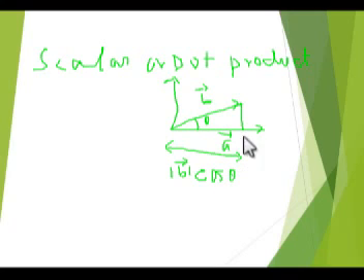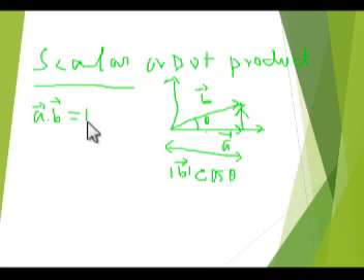And if we multiply these two, B cos theta and the magnitude of vector A, then we will get the scalar product or dot product of two vectors. The scalar product or dot product is written in this way: vector A dot vector B. This is the modulus of vector A and the modulus of vector B, times cos theta.